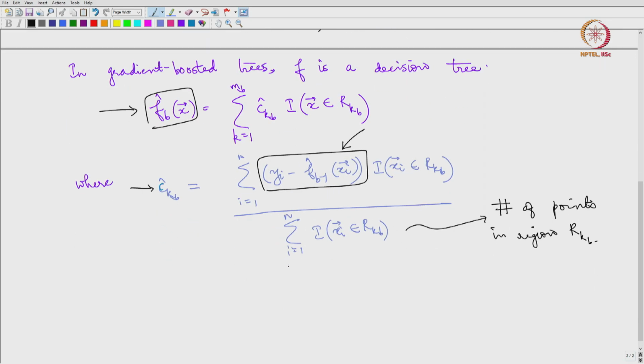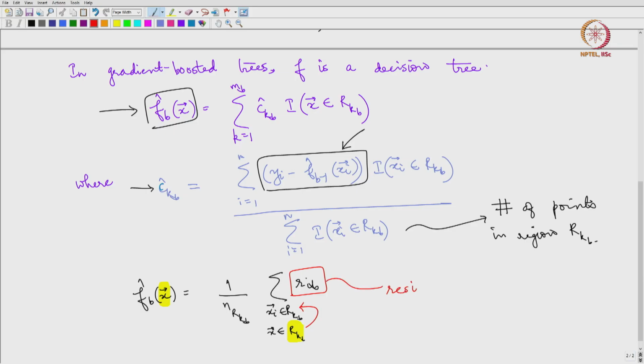If you want to write this down in terms of the residuals, the prediction of the bth tree is simply this: you first find out the region in which your x is lying, then in that region you see what all points xi are there, and you average the residual over all those points, the residuals of all points in the same region as point x.